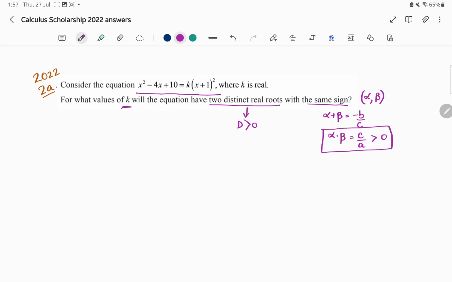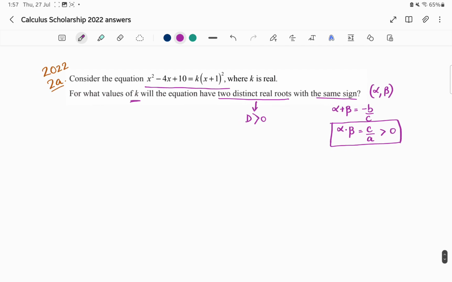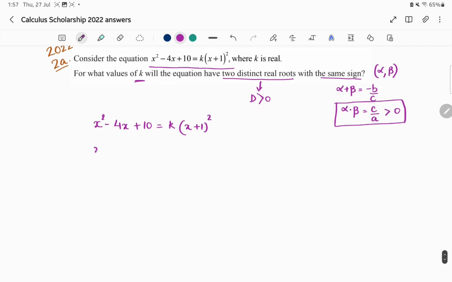Whenever you read a question, try and bring back whatever knowledge you have in the question first. All right, so let's start with the equation and find the values of k. We have x squared minus 4x plus 10 equals (kx plus 1) whole squared. Let's expand the bracket first.